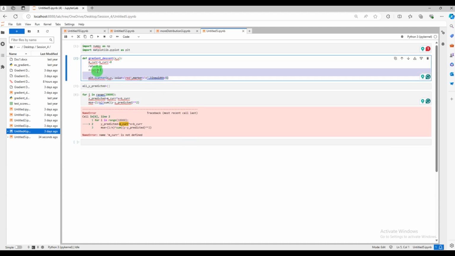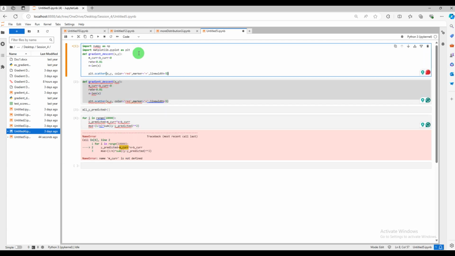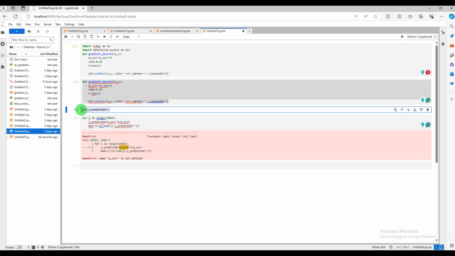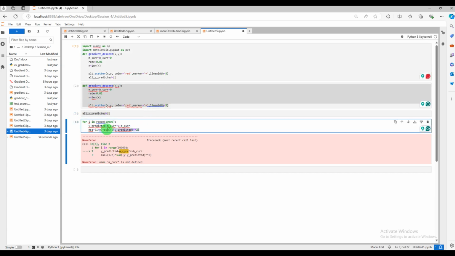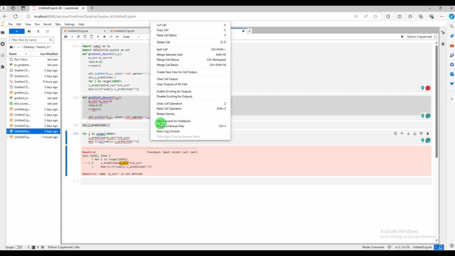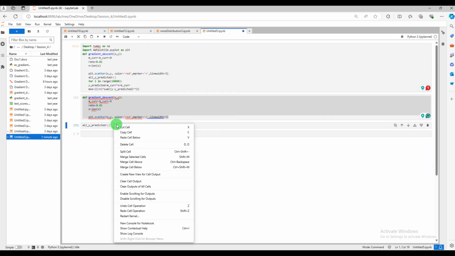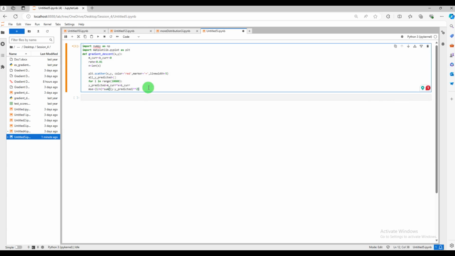It's better to write all of the things in one cell and then start the function. Okay.